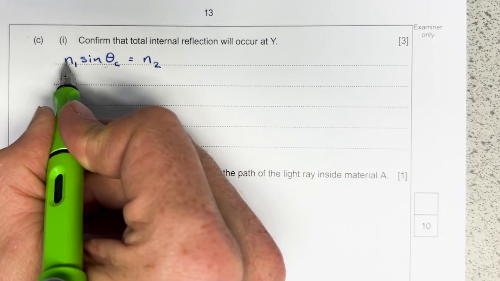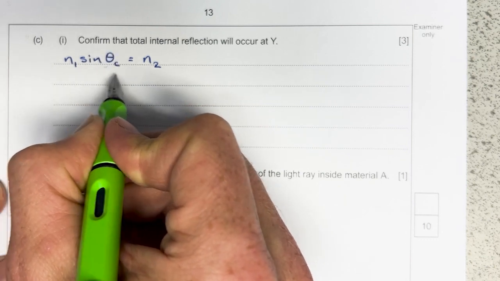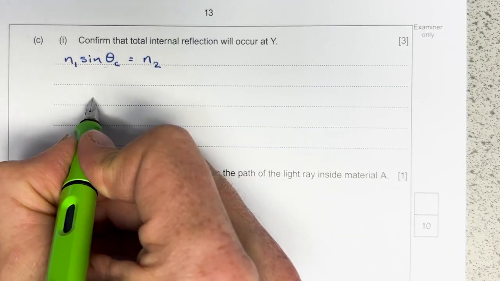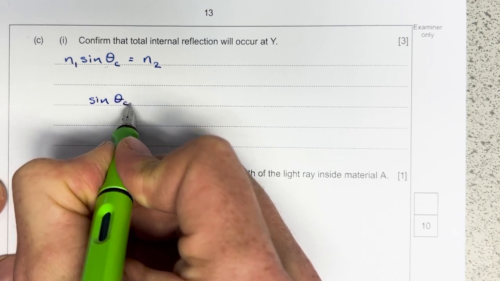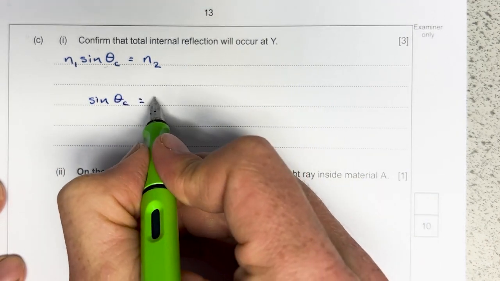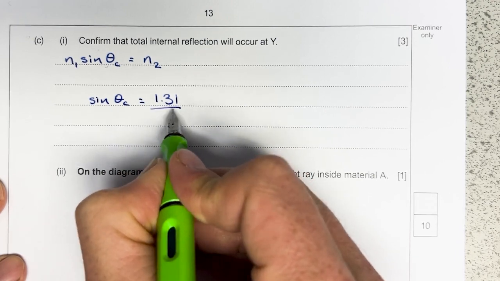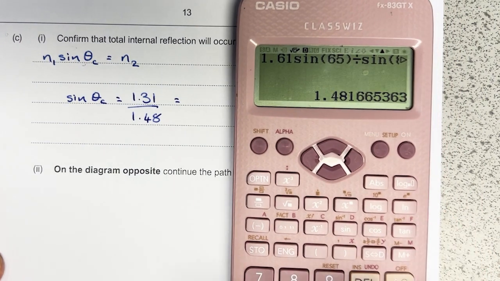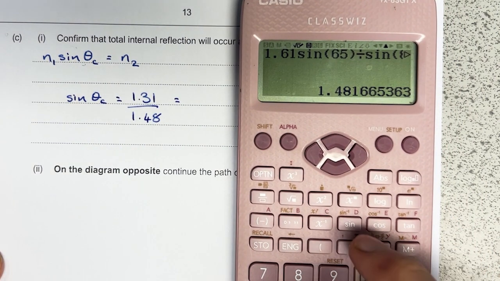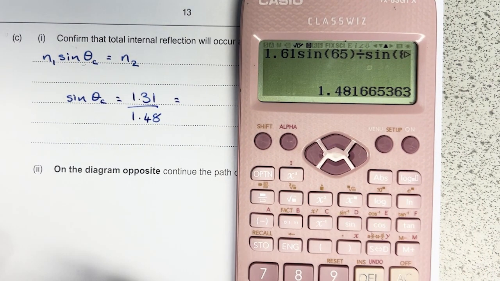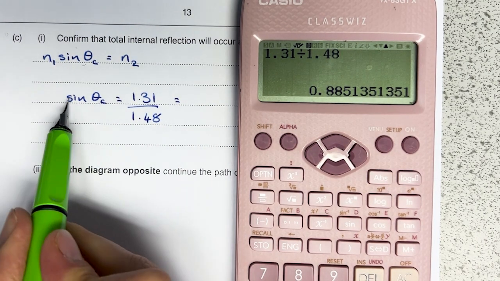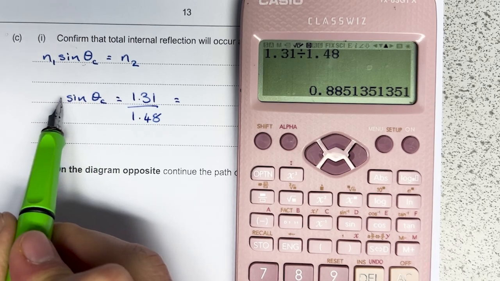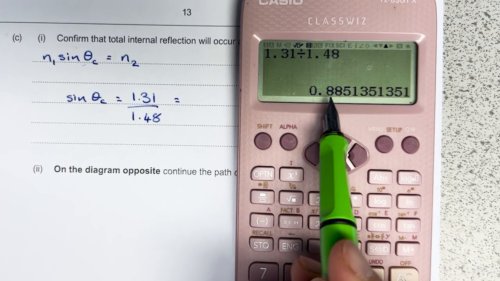If we then plug our numbers into this, we can go from there. I'm going to bring n1 over because I'm trying to find sine theta c. So sine theta c is equal to 1.31 over 1.48. I'll bring the calculator back in so I can show you. 1.31 divided by 1.48, and that gives me 0.89.